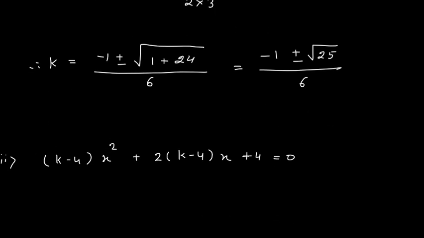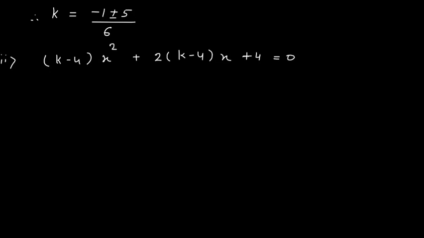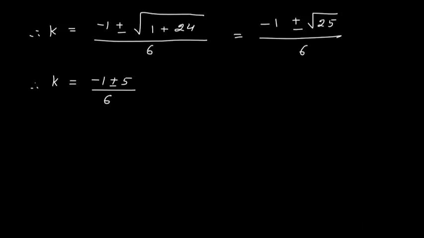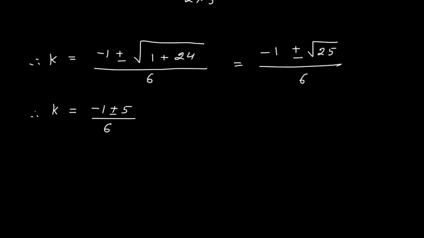So the value of k is minus 1 plus or minus 5 divided by 6. Okay, let us create some space for the answer.